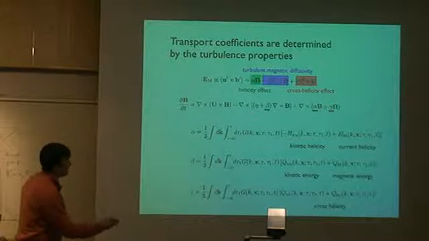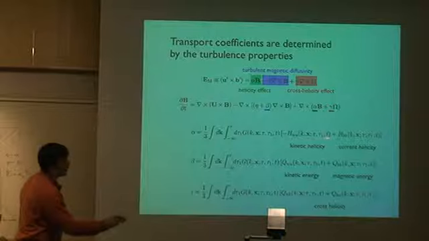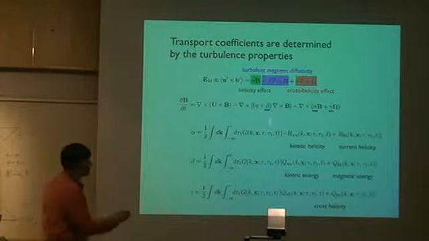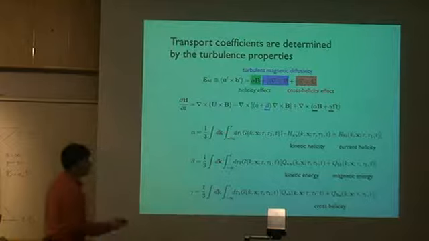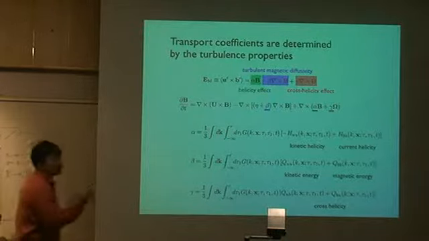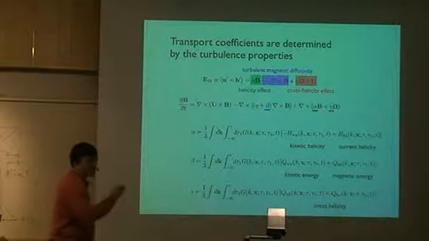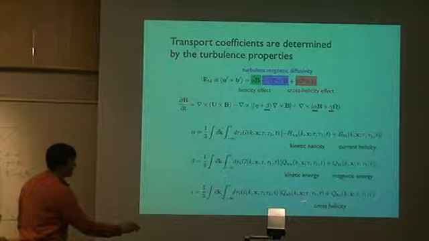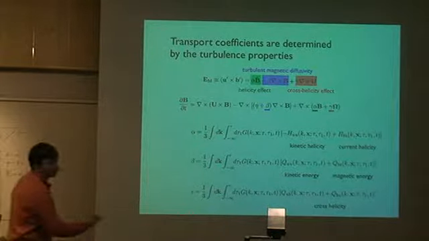So for example, alpha can be expressed as the kinetic helicity spectrum minus the current helicity spectrum multiplied by the Green function of turbulence and integrated. So of course we have spatially and temporally non-local effects. That's a matter of course. And gamma itself can be expressed using the cross helicity spectrum coupled with the Green function.